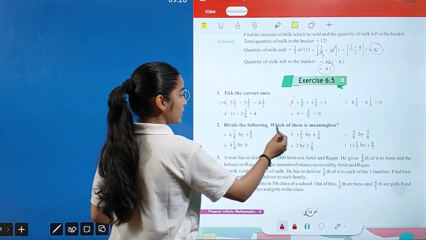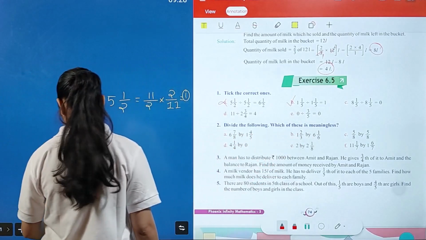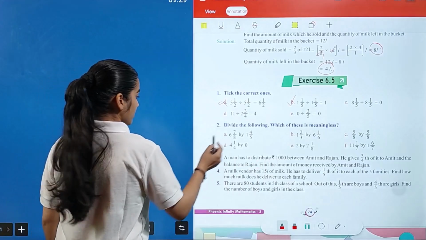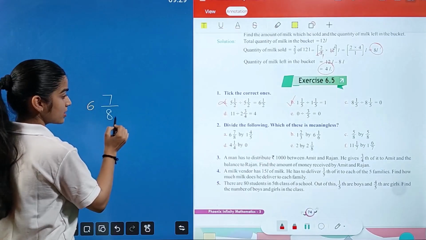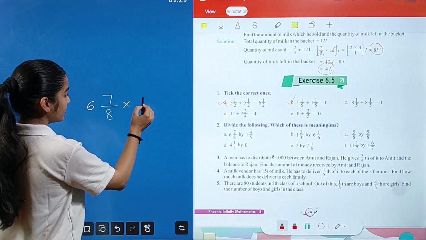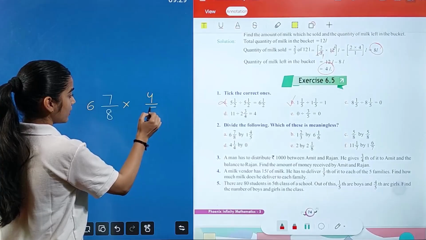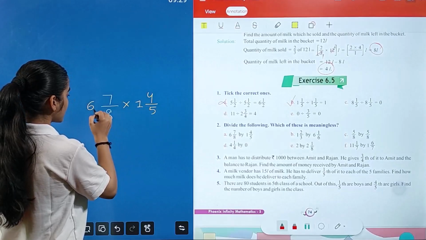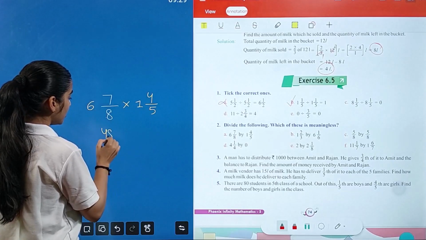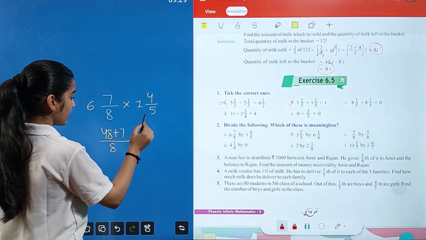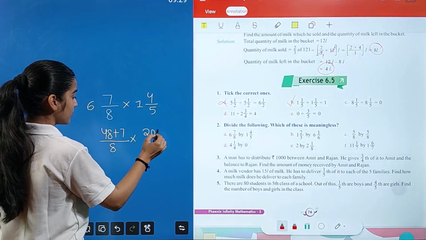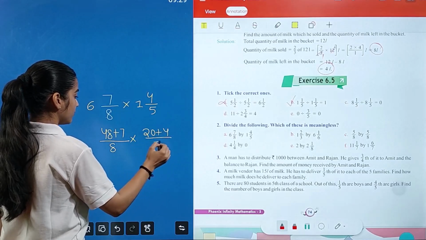Now, divide the following. Which of these is meaningless? 7 by 8, 6 multiplied with 4 by 5, 1. 6 8s are 48. 48 plus 7 upon 8, multiplied by 5 times 5 is 25... 5 fives are 25, 25 plus 4 upon 5.